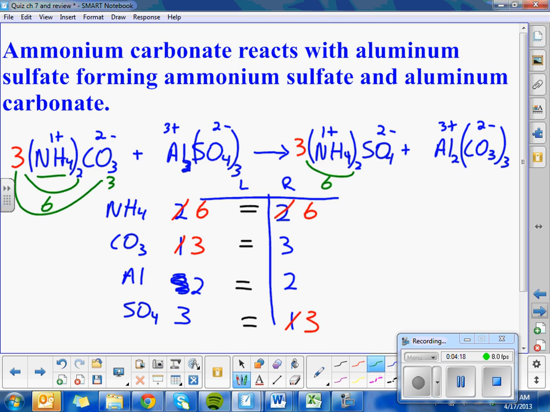Over here we have 3 carbonate right there. Aluminum, that's a 2, we've got 2, and we've got 2. And then sulfate, we've got 3 sulfate right there, and we've got that 3 times that 1 giving us 3. So you can always look again up top, kind of ignore your T-chart, look again up top, and you can see that it is totally balanced.